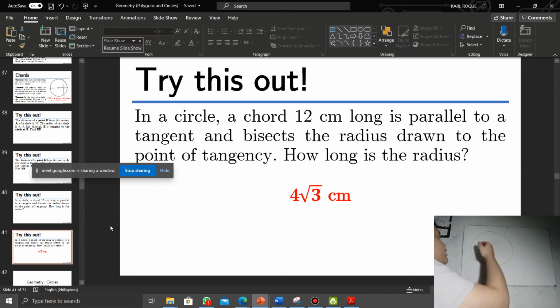Okay, this is a better figure. Sorry. Yan. Tapos binabisect niya raw to. Ayan. Okay.